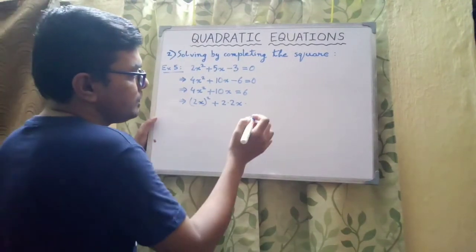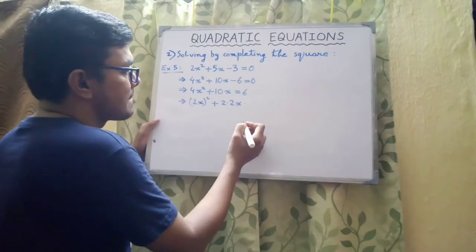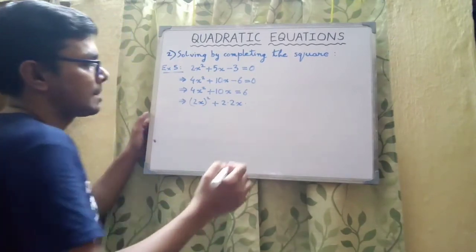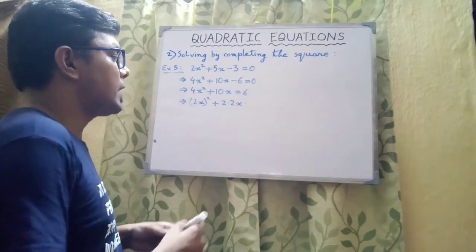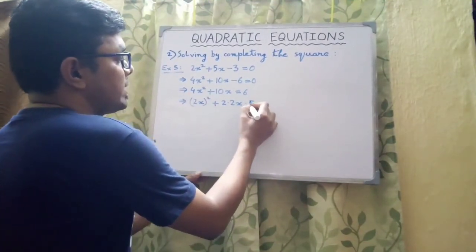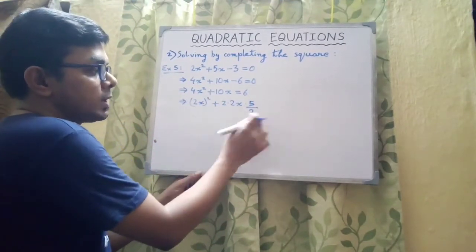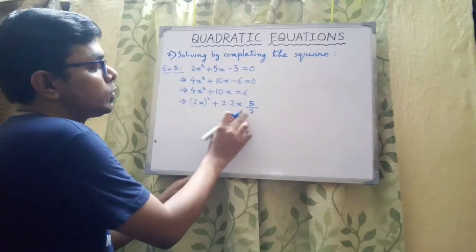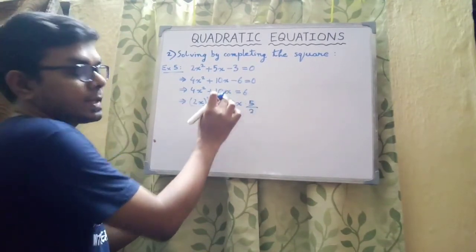So we have to write 5 by 2. Why did I write 5 by 2? Because 2 into 2x into 5 by 2 gives you 10x. If you do the calculation over here, 2 and 2 cancel out and we are left with 2x into 5, that is 10x.